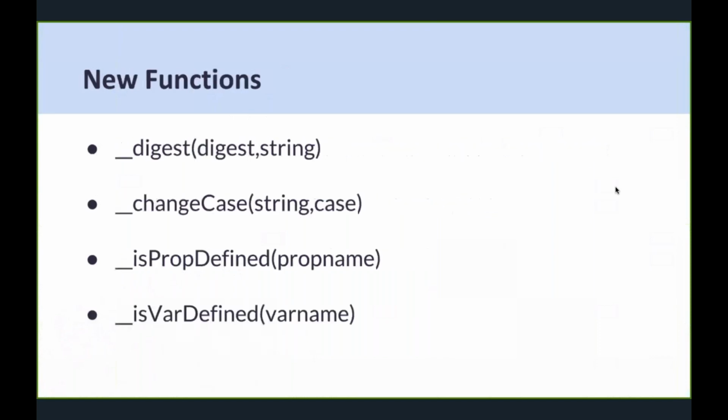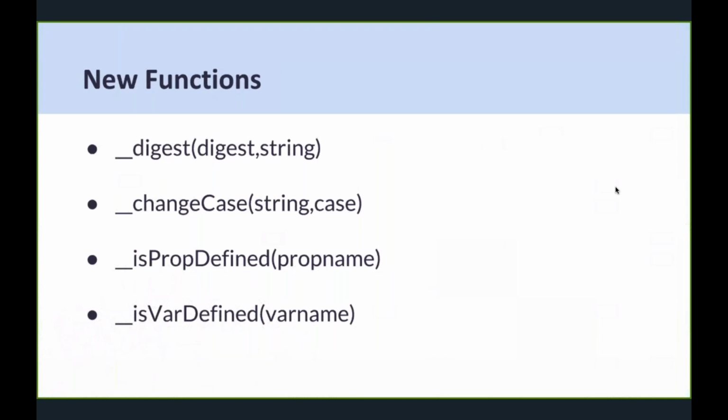Next thing is a set of new functions that were added to JMeter core, and these functions are frequently used by heavy scripters of JMeter. First function is digest. Digest is a sort of hash like MD5 or SHA-1 that you might need in some of the encryption or interactions that you have with your website. Change case is another string operation that is frequently needed.